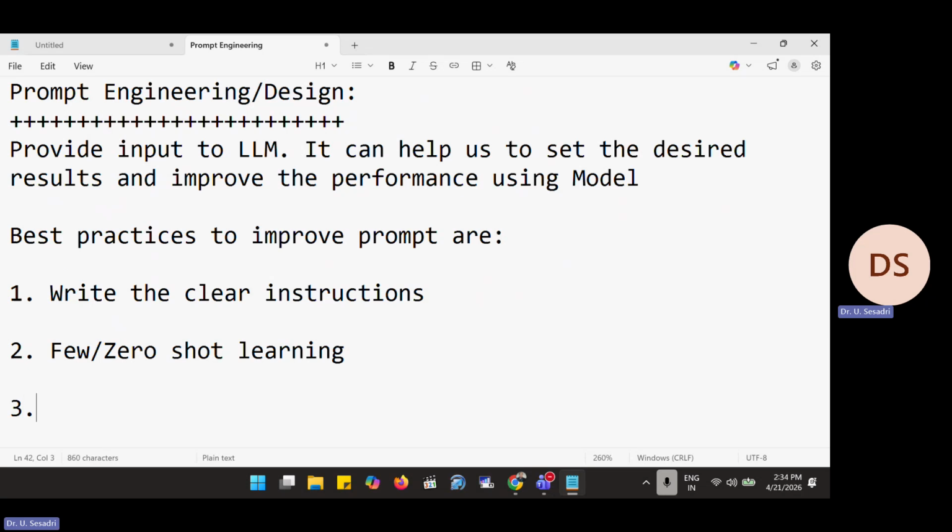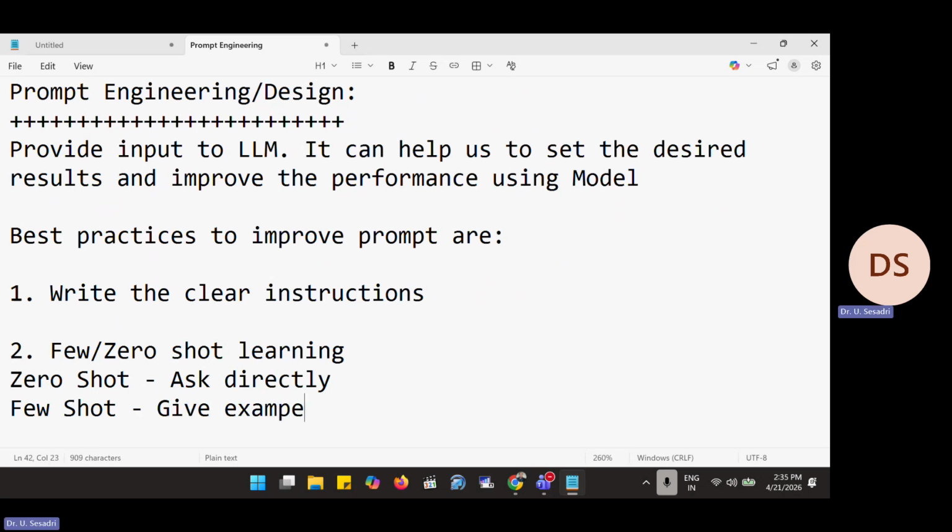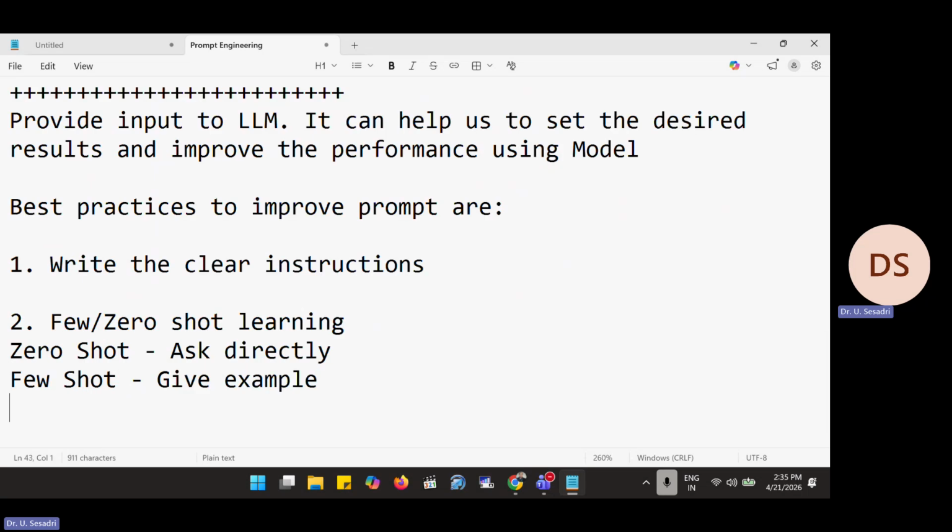Few-shot or zero-shot learning is nothing but: if you are using zero-shot, we ask the AI directly. If you are using few-shot, we have to give some examples.